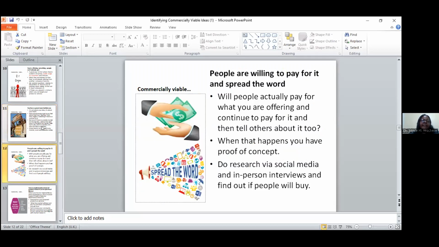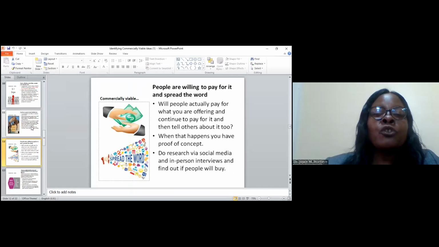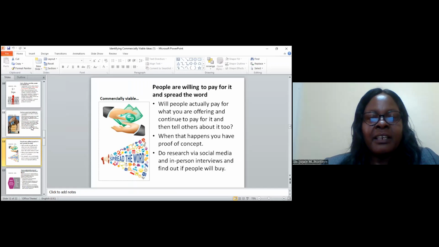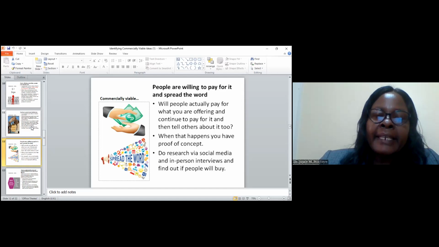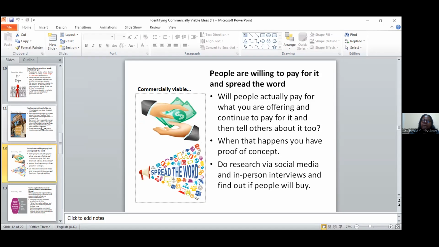And find out whether people are willing to pay for that particular service or product, and whether they are also willing to spread the word. So if they can pay, for instance, you can test that product in the market. Maybe you can go to a supermarket if it's a certain kind of yogurt, or a certain kind of cake or bread, whatever innovation or idea you've come up with.